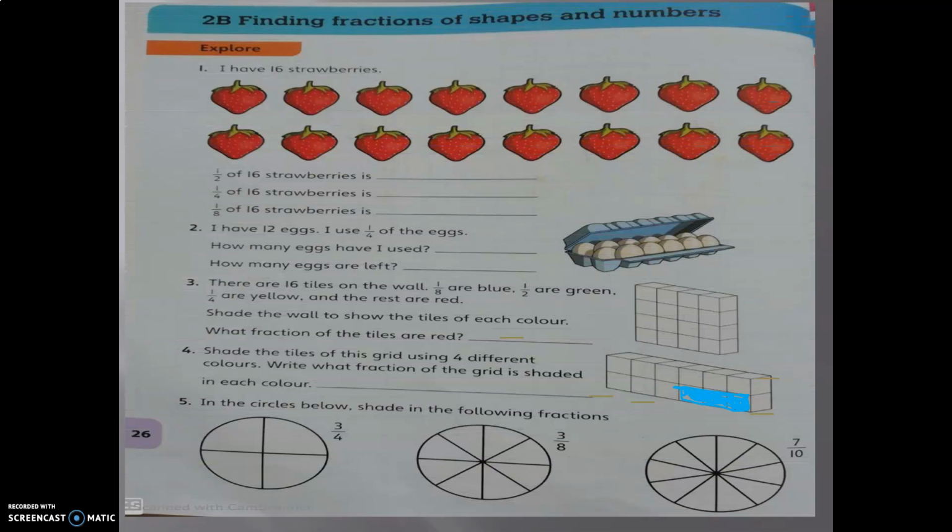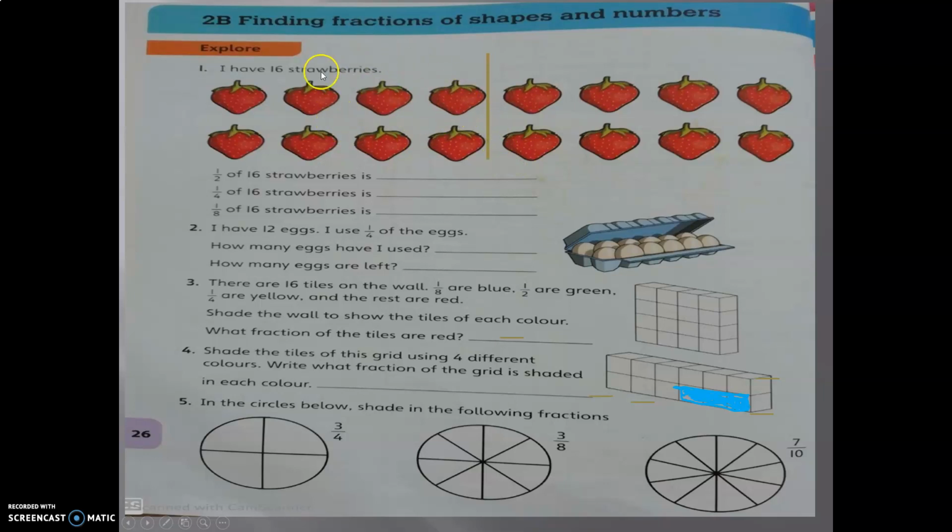Okay, in question number 1, he is telling you that I have 16 strawberries. So we have one whole set of 16 strawberries. He is telling you half of 16 strawberries. Half means, if you look at the denominator, I need to cut my set into 2 equal parts, like this.